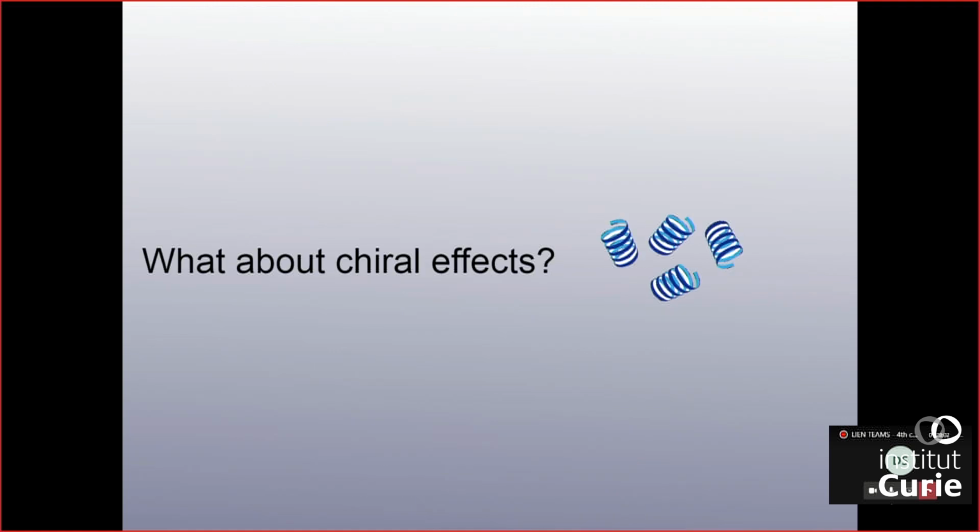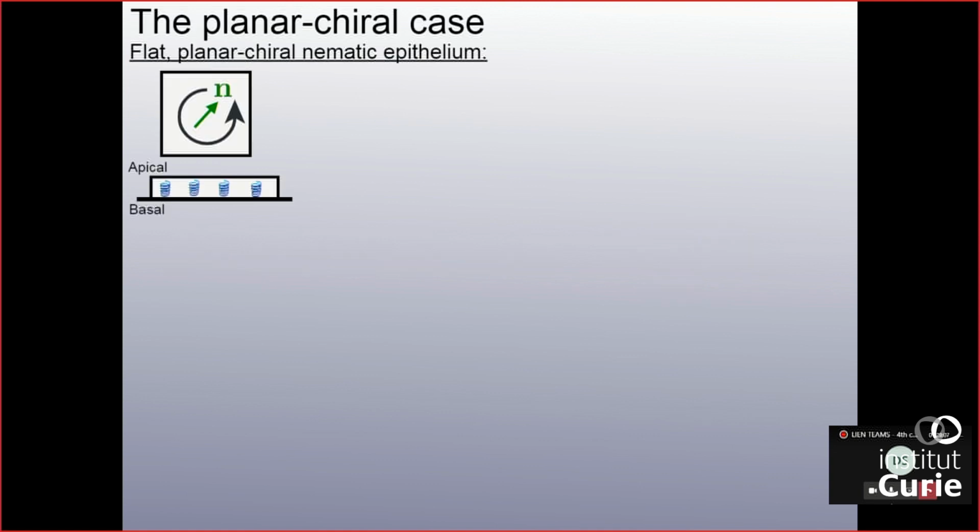Okay, I wanted also to say a word about chiral effects. So one additional way that I can change these equations that I was showing is to take a tissue which is now flat, but is also planar chiral, meaning that I can draw a clockwise or a counterclockwise direction on it.